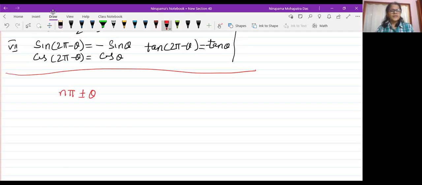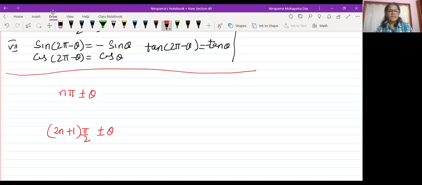The other one is (2n + 1) times pi/2 plus or minus theta. Whenever you have n pi plus or minus theta, it means whether it is pi plus or minus theta, or 2pi plus or minus theta, or 3pi plus or minus theta, or 4pi plus or minus theta.